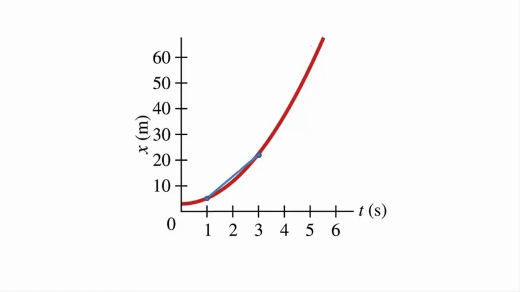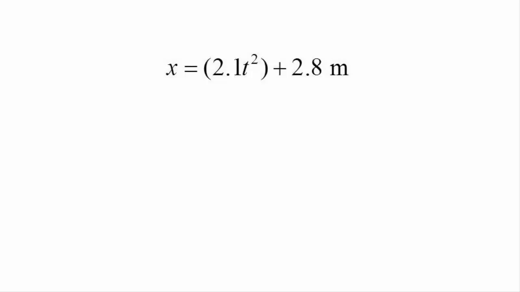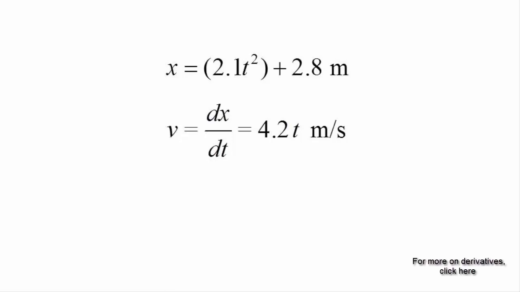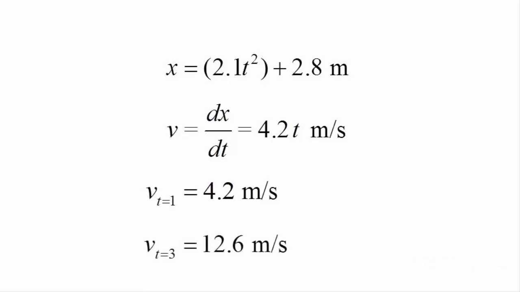Now let's determine the instantaneous velocities at 1 second and 3 seconds. For the instantaneous velocity, we first determine the derivative of the displacement equation. The derivative of 2.1 t squared plus 2.8 is 4.2 t meters per second. Now we can substitute the times into the velocity equation to give us a velocity of 4.2 meters per second at 1 second and a velocity of 12.6 meters per second at 3 seconds.